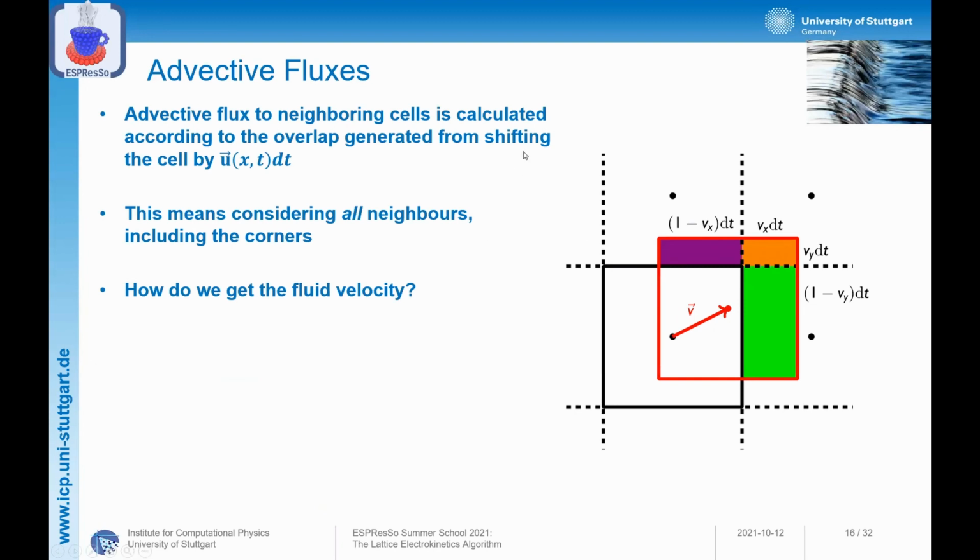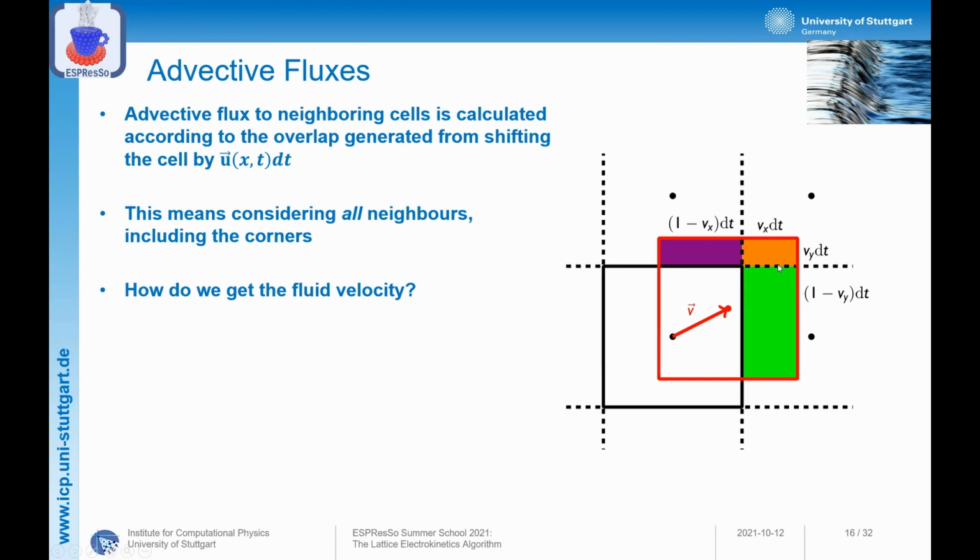Now we have the diffusive part, we have the forcing part, we have the electrostatic potential. The last thing we need is the advective flux, so the underlying fluid. For this, we use this volume of fluid method, where we say, okay, we have here the black cell is the one we're looking at, and we want to calculate its fluxes to the neighbors. For that, we take the velocity from the fluid, which is the red V here, and we displace the black square to the red square, which is just the velocity times dt shifted.